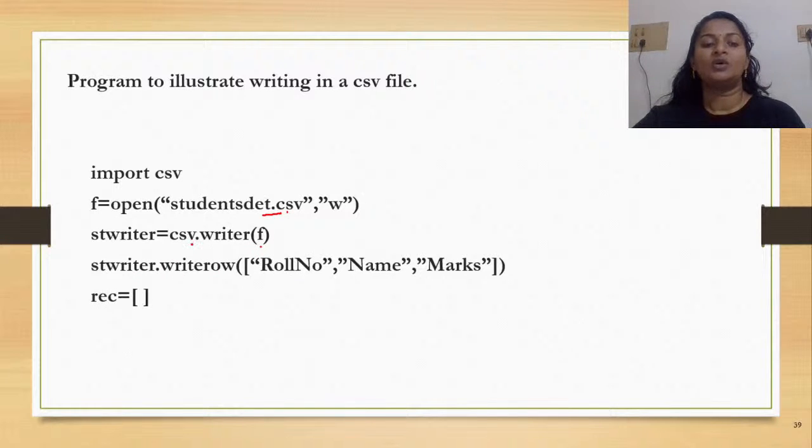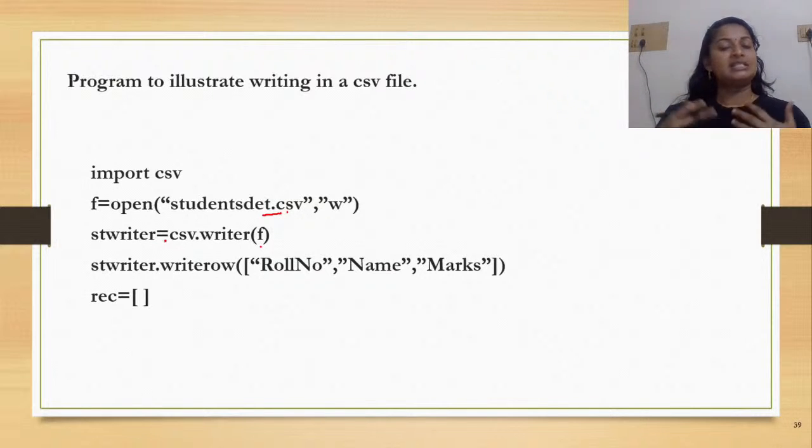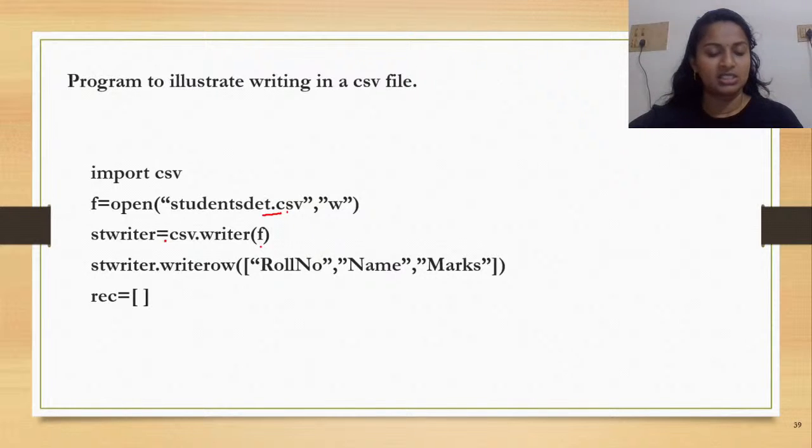Now csv.writer, this function would return an object. Which object? Writer object. Now the writer object here is st writer. We are going to create the students file wherein we have the contents of roll number, name and marks.